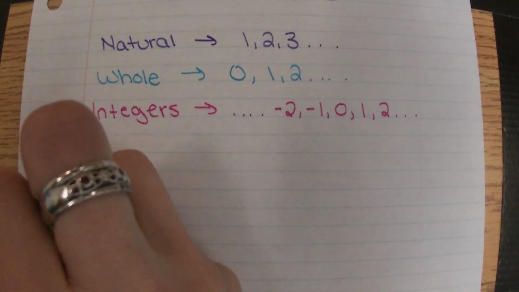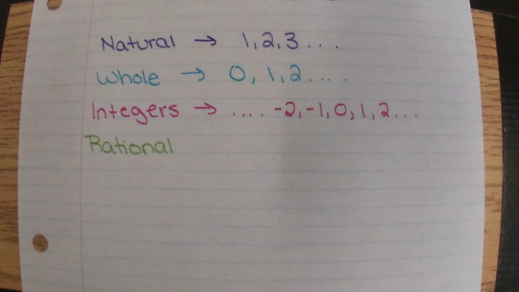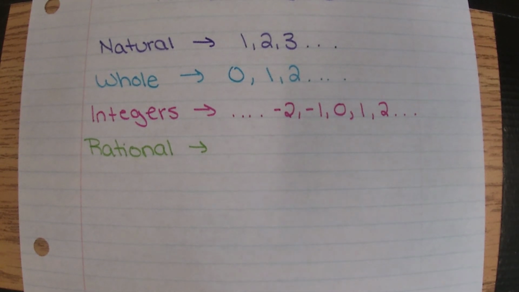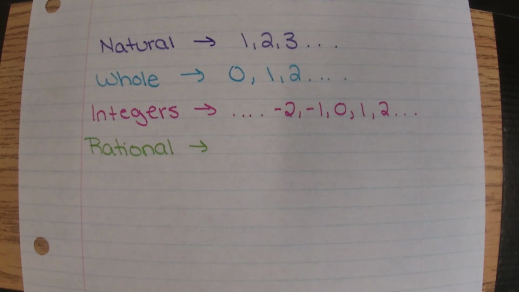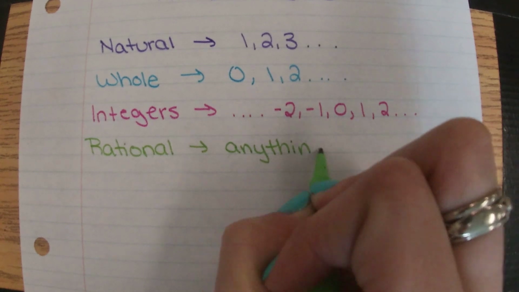Okay, rational numbers is the big one that we add next. Okay, and rational numbers has a really fancy definition that we can talk about. It says any number that can be in the form a over b, where b cannot equal 0. But what this is really saying is anything that can be a fraction.